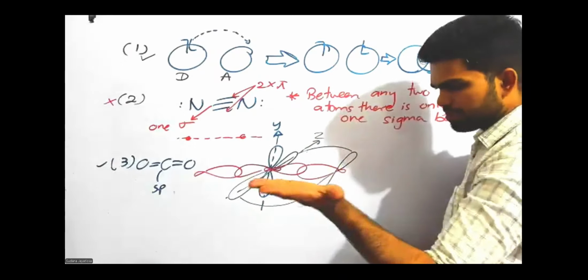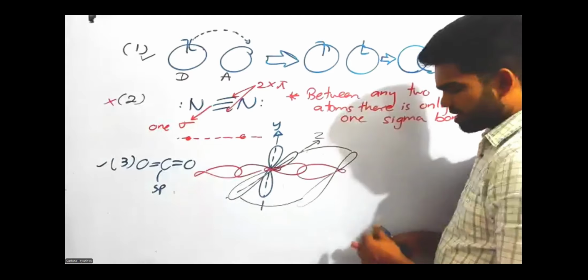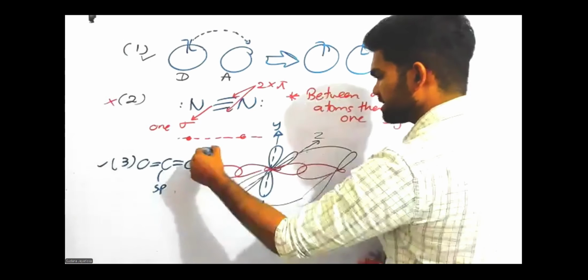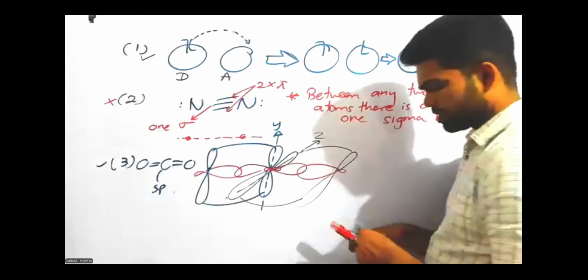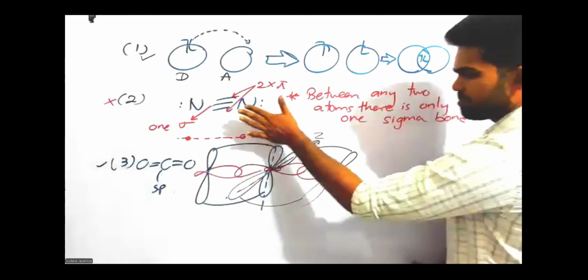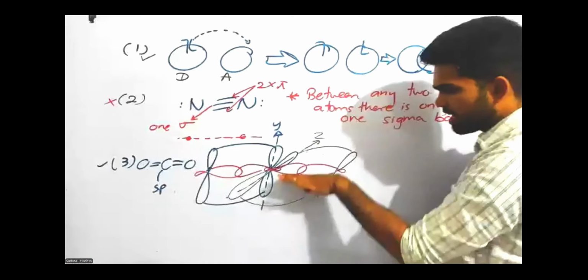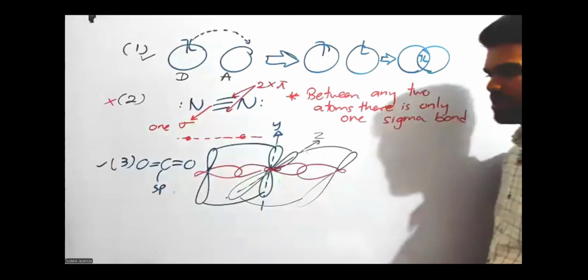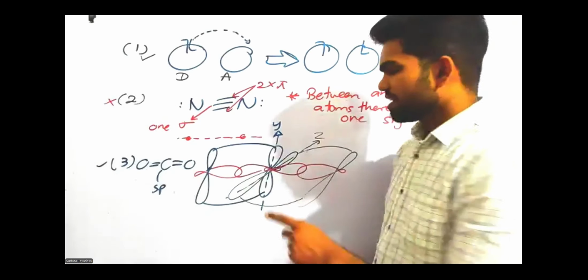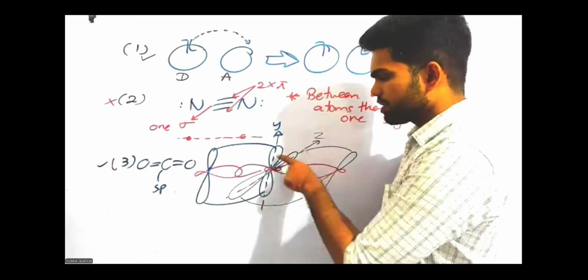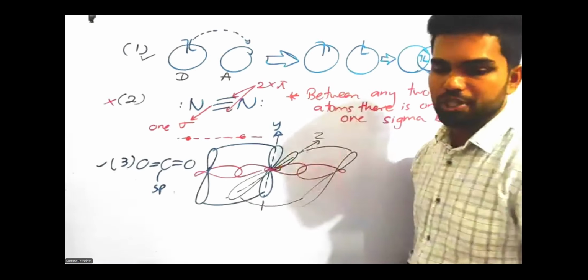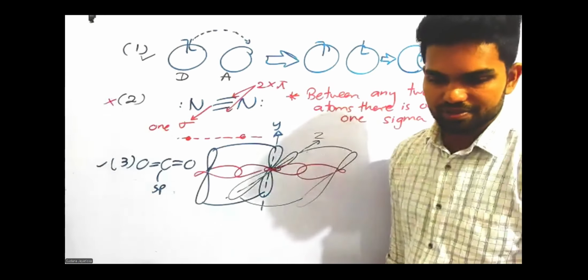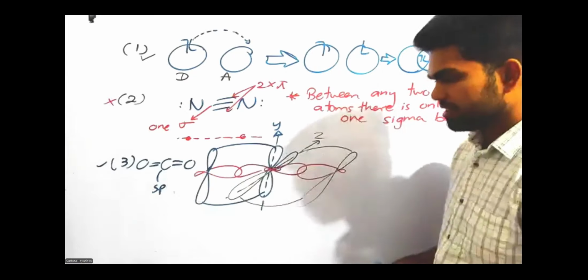This pi bond is perpendicular to the bond, and the other one, the blue color one, is along the bond. So the 2 pi bonds will be this blue color one along the bond and the black color one perpendicular to the bond. So that means the 2 pi bonds are perpendicular because the 2 p orbitals of the central carbon are perpendicular. That is the reason. So it's a good point.